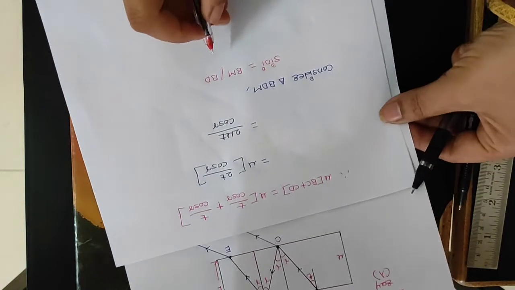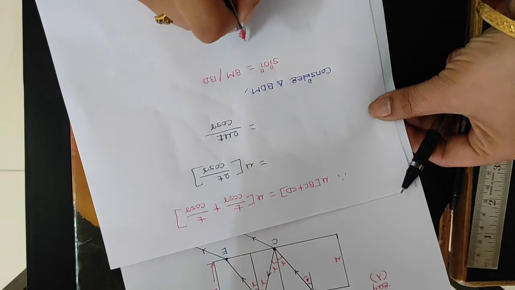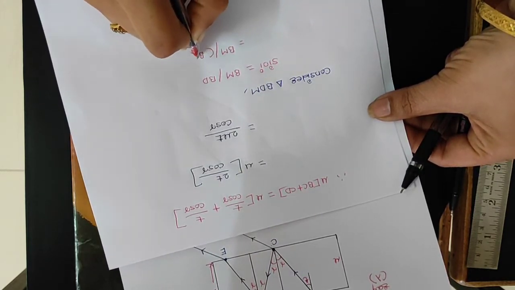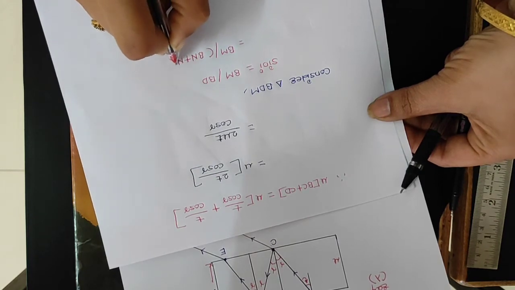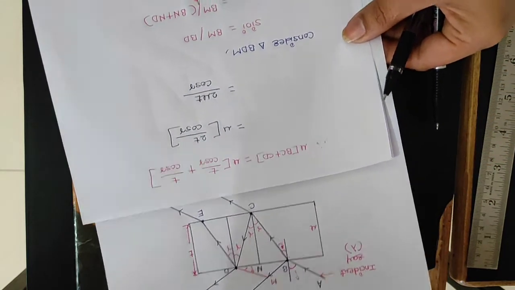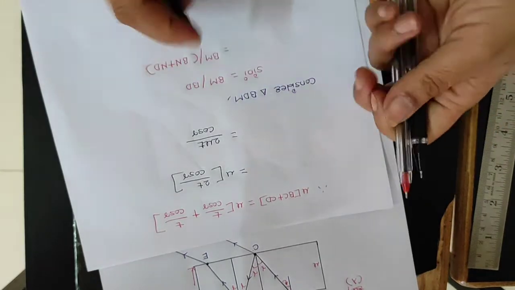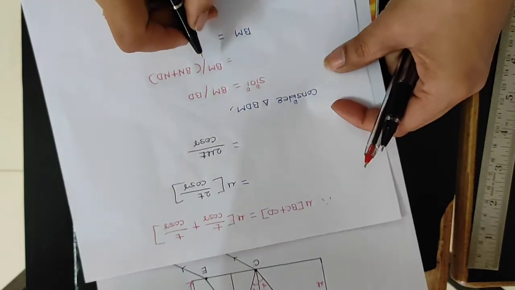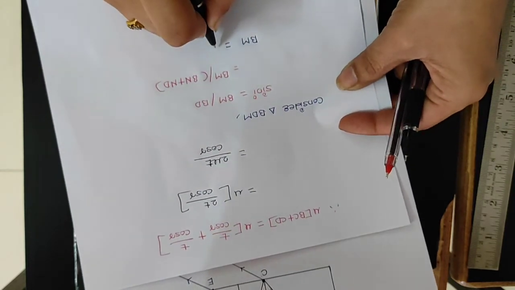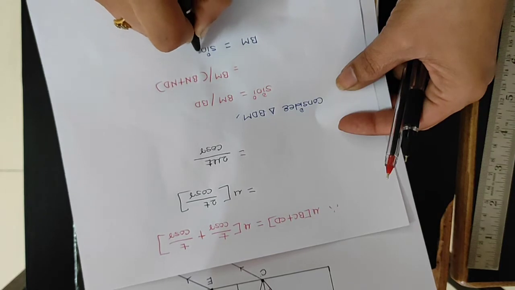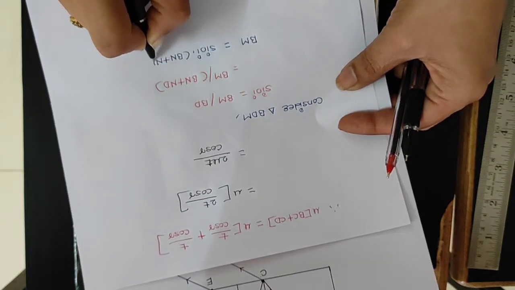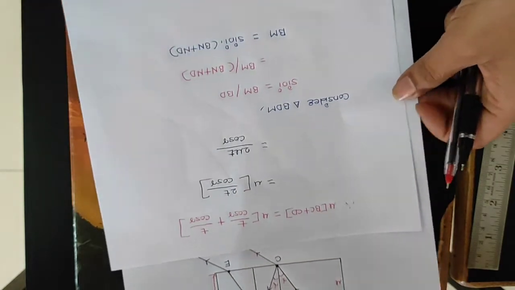So instead of BD, we can write BM divided by BN plus ND. And therefore BM is equal to sin i into BN plus ND. Give next equation, that is equation number 4.